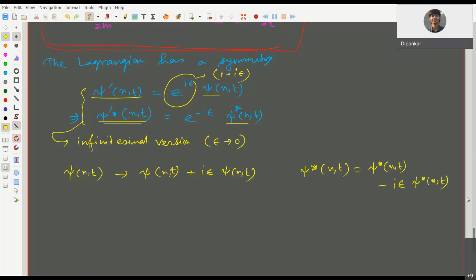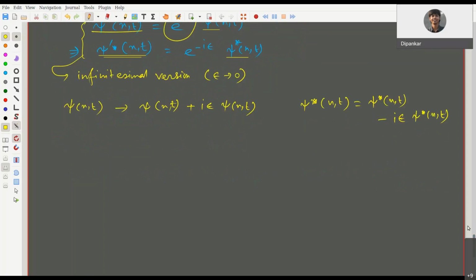Okay. So with the notation that I have developed using eta 1 and eta 2, it is better to think in terms of eta 1. Here you see that eta 1 changes to eta 1 plus, as I told you, some epsilon times alpha 1. If you compare this, then this alpha 1 turns out to be i times psi.